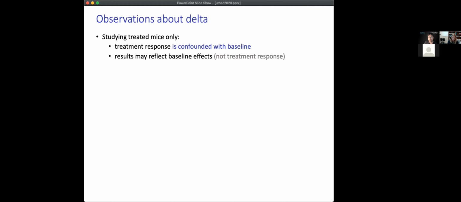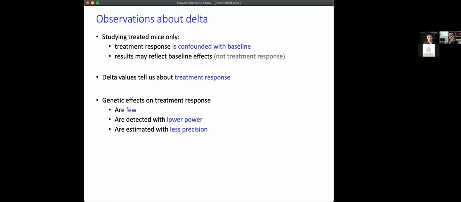So we wouldn't really be learning anything about G by T, we'd just be learning about G. The delta values tell us about the actual response to the treatment. The other thing we notice is that the genetic effects on treatment response are few. And not unrelatedly, they're detected with relatively low power, and they're estimated with less precision.